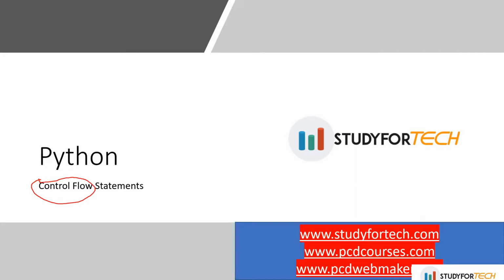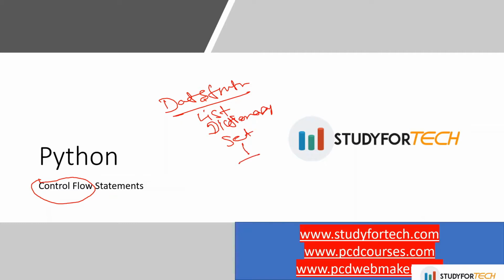In my previous video, I already explained the various data structures, which are list, dictionary, set, and other data structures. If you are interested to learn these data structures, please go and see my previous video. Let's see control flow in this video.